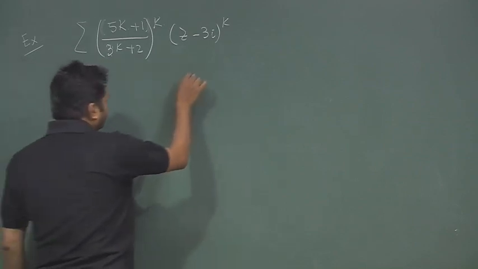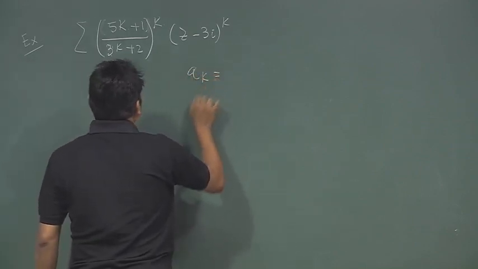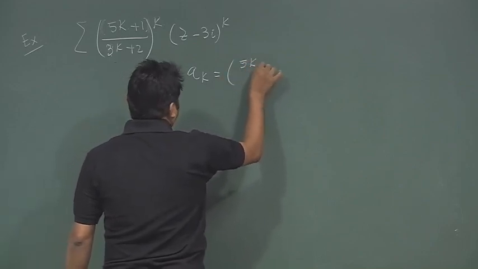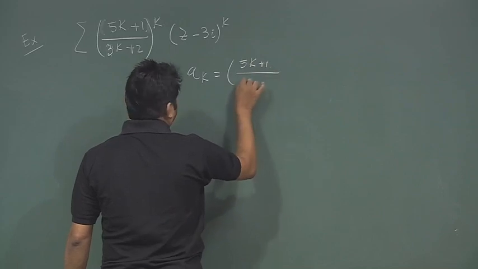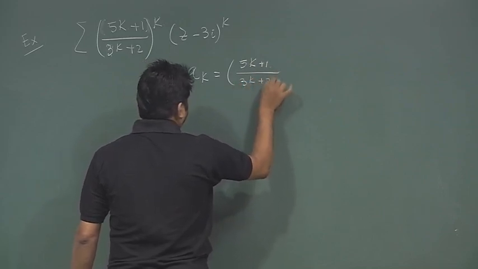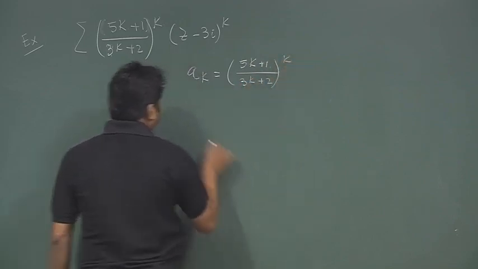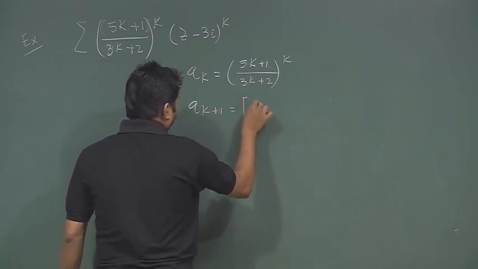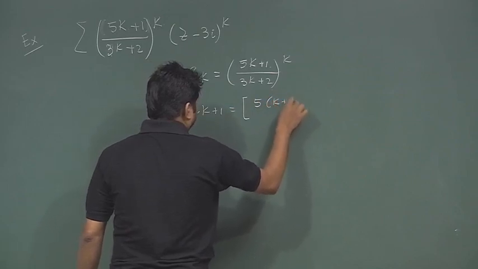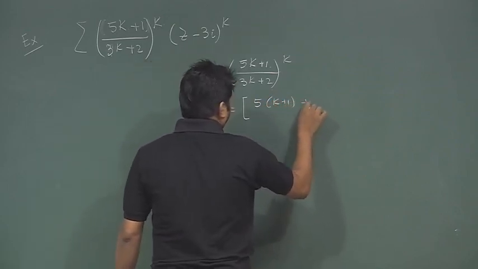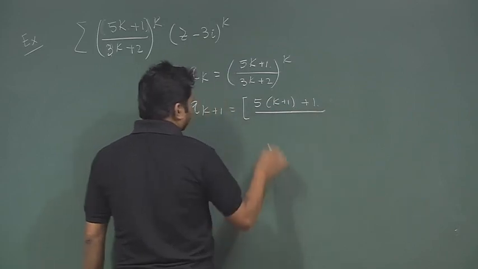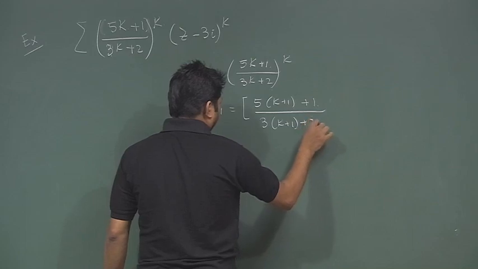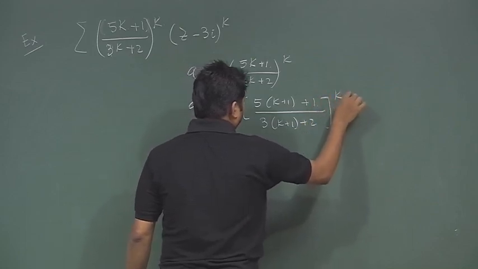Now, if you check what a_k is, it is straightforward: it will be (5k plus 1) divided by (3k plus 2), whole to the power k. But what is a_(k plus 1)? It will be (5(k plus 1) plus 1) divided by (3(k plus 1) plus 2), whole to the power of k plus 1.